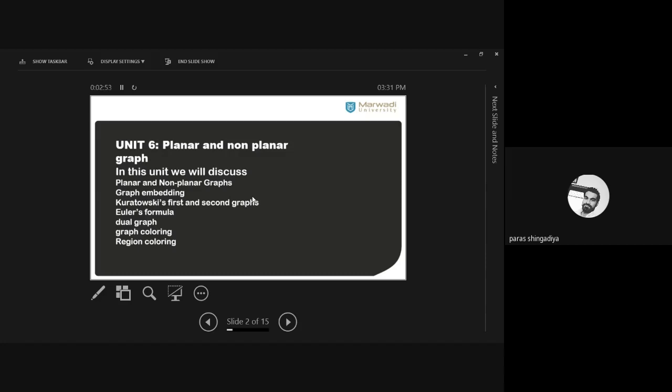Clear? That complete bipartite graph is non-planar. So these are the two non-planar graphs, the complete graph and the complete bipartite graph. Then after that, Euler's formula to verify whether a graph is planar or not. Clear? There is also one standard theorem to prove whether a graph is planar or not.